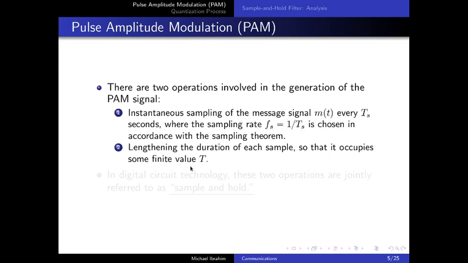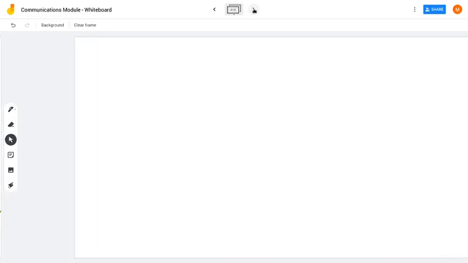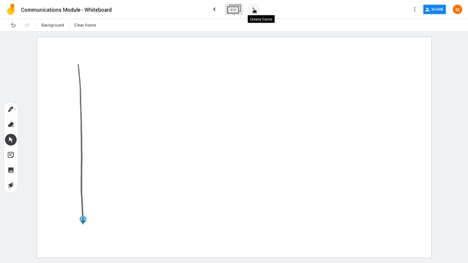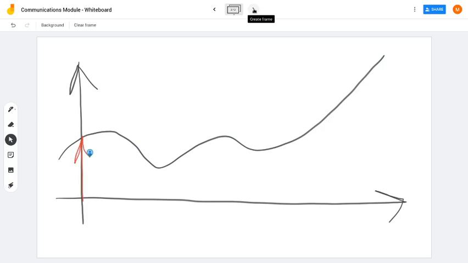So let me go back to the whiteboard over here and try to draw a curve that would help us to understand this. So basically what we are saying is that if this is the message m of t, we will start by taking instantaneous samples, and then we will extend or hold this value for the entire duration of the pulse.